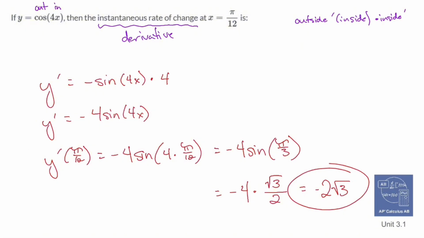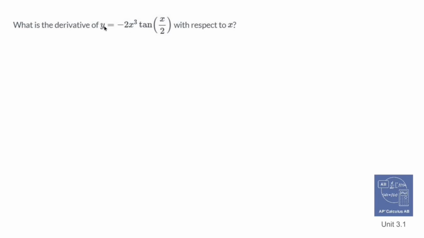What is the derivative of y equals negative 2x cubed tangent of x over 2 with respect to x? Ladies and gentlemen, this is product rule, but as we do product rule, we're going to find out something else.